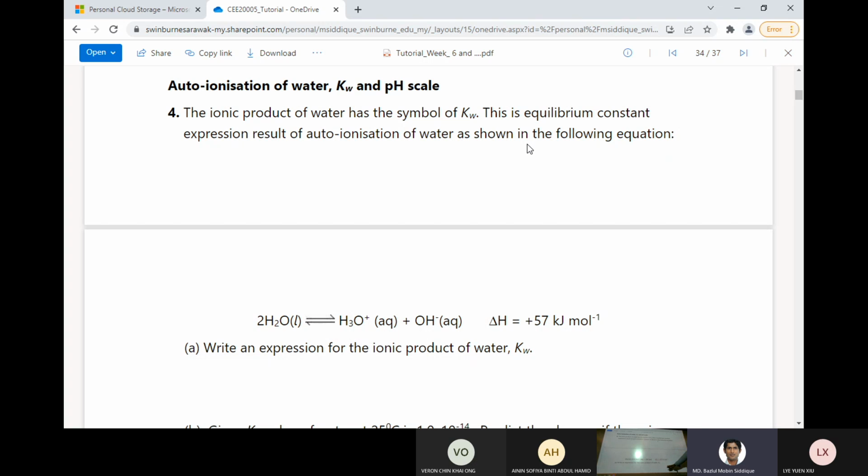So is this endothermic or exothermic? Are you taking thermodynamics? Second year? Okay. So this is an endothermic reaction. Endothermic means we need to provide heat for this reaction to occur. And question A is: write an expression for the ionic product of water, Kw. So Kw is so easy.